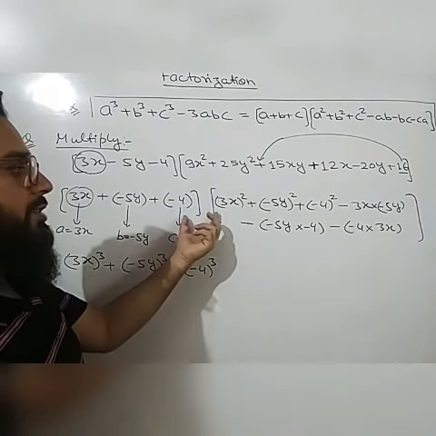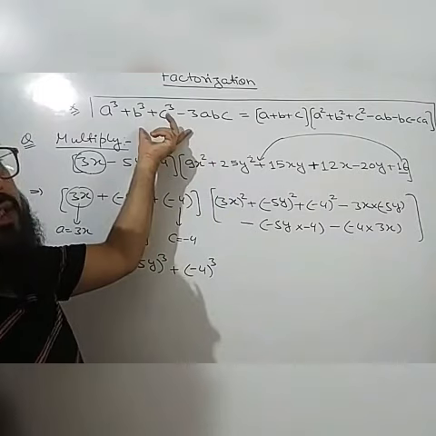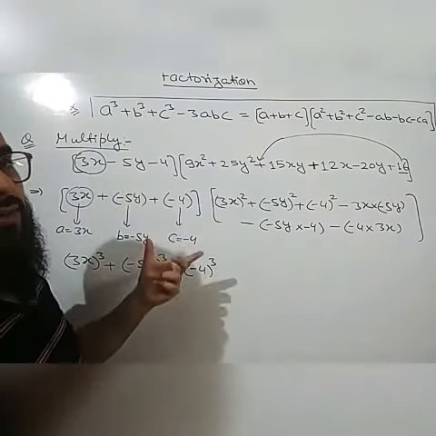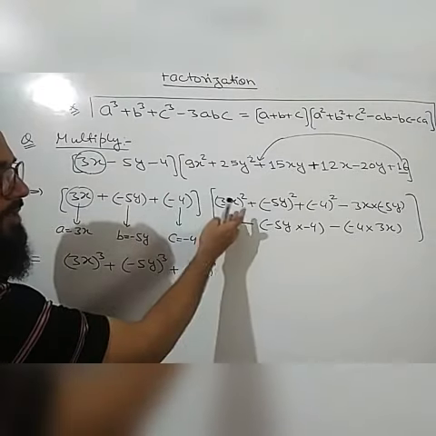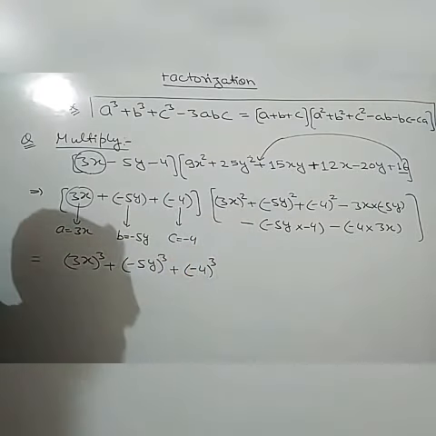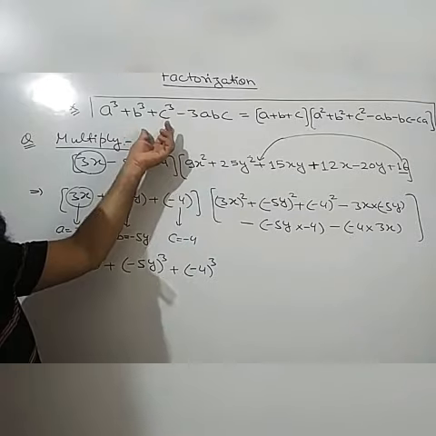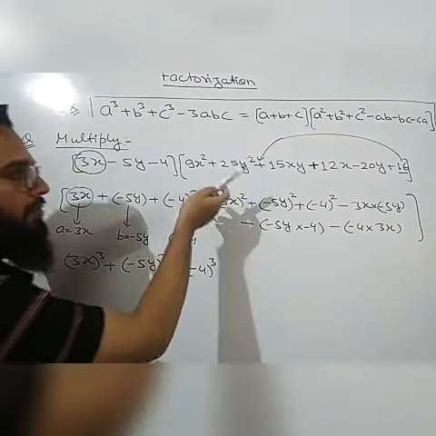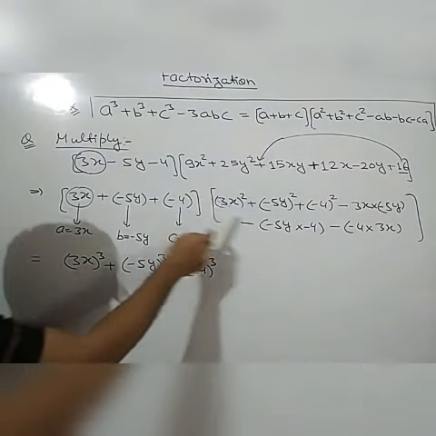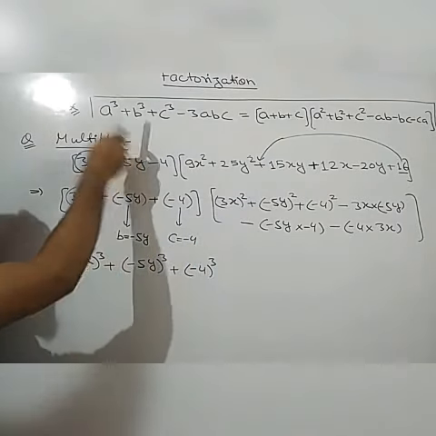So if you multiply these two brackets, we will get this particular identity. So that is what we are doing here. We are not multiplying, we are just writing this identity, because the product of these two brackets is this identity. So we are using that identity. If we multiply these two brackets, we will get the identity of this form.